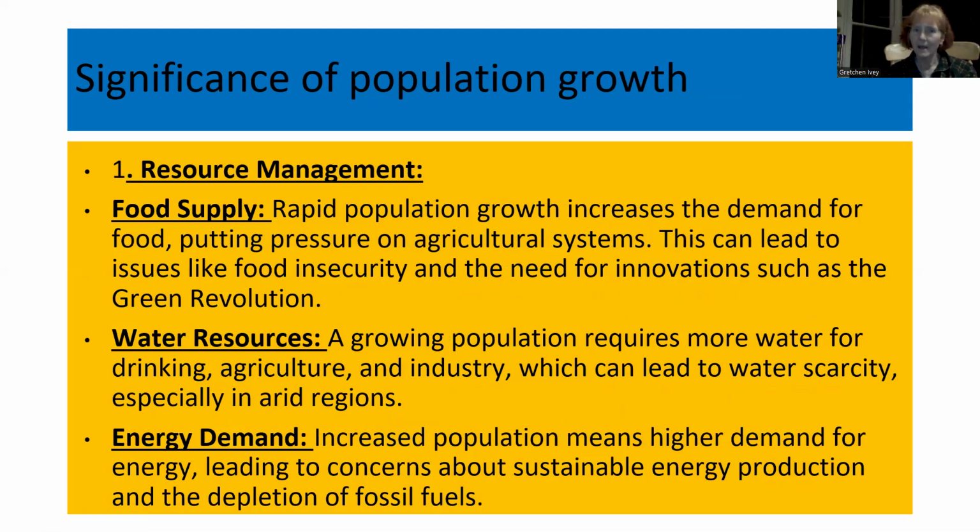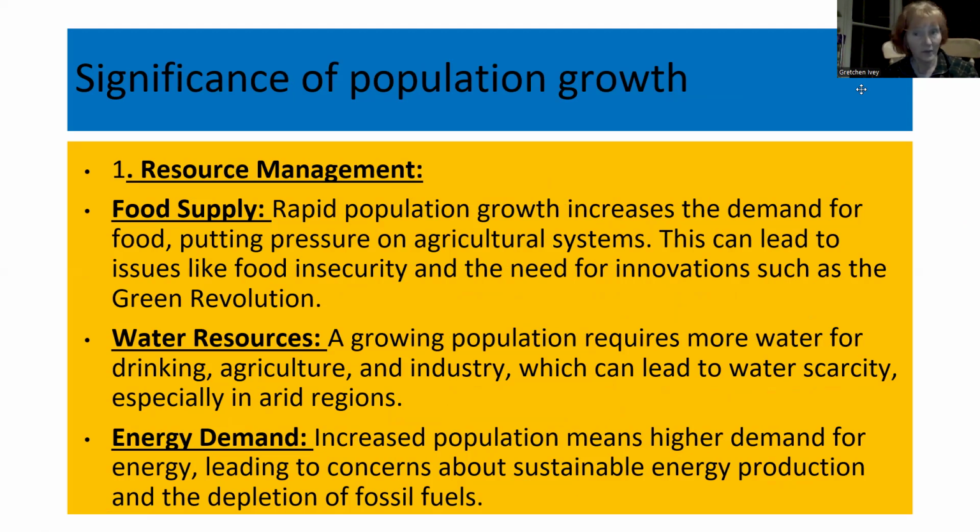Okay, now with population growth, something that is very important is resource management. So our food supply. Rapid population growth increases the demand for food because people need to eat, putting pressure on agricultural systems. This can lead to issues like food insecurity and the need for innovations, such as the Green Revolution.